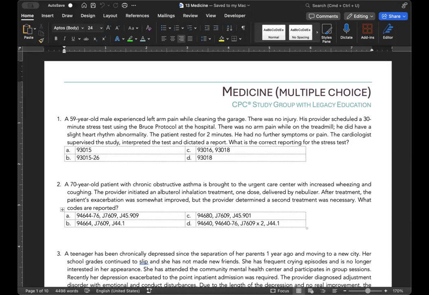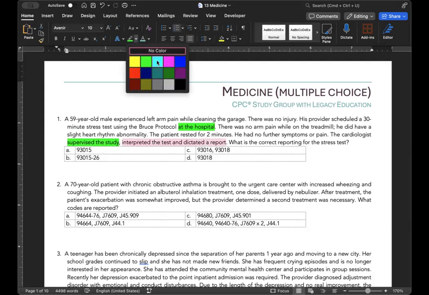Since they are at the hospital, this is our key phrase in this scenario: they were at the hospital. This indicates that the provider does not own the equipment used to do the stress test, but he has supervised the study and interpreted the test as well as dictated a report.